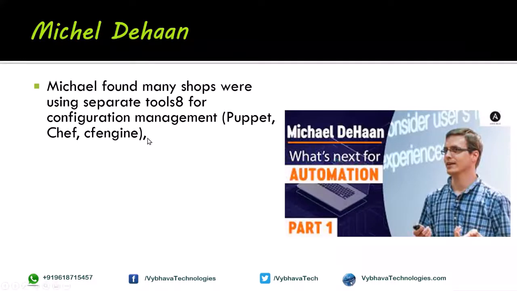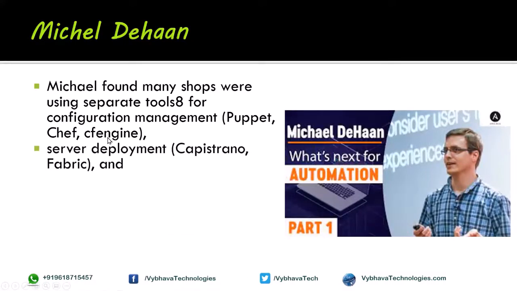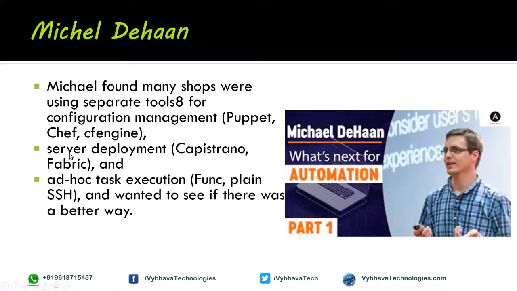First, he worked on Puppet, Chef and CFEngine, and he also worked on multiple server deployments with different tools. Fabric was the most popular one at that time, about 15 years back.